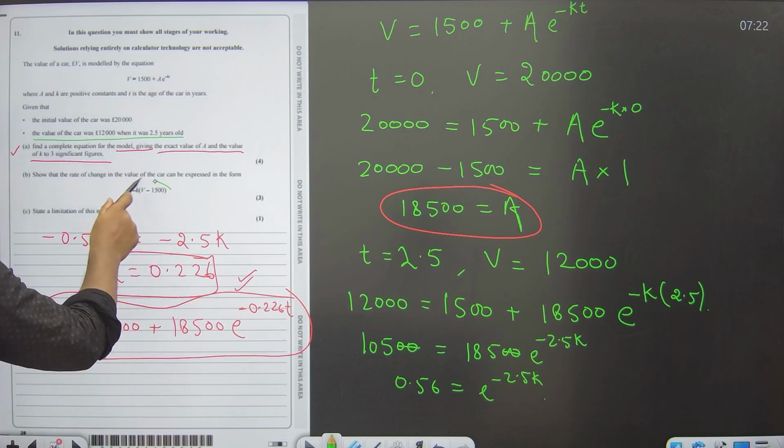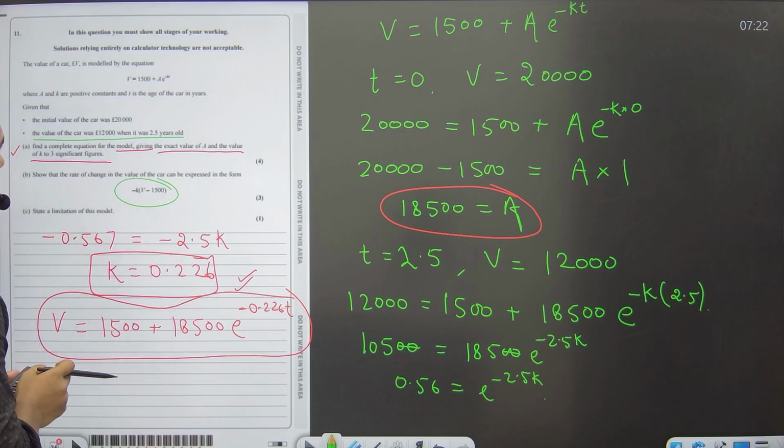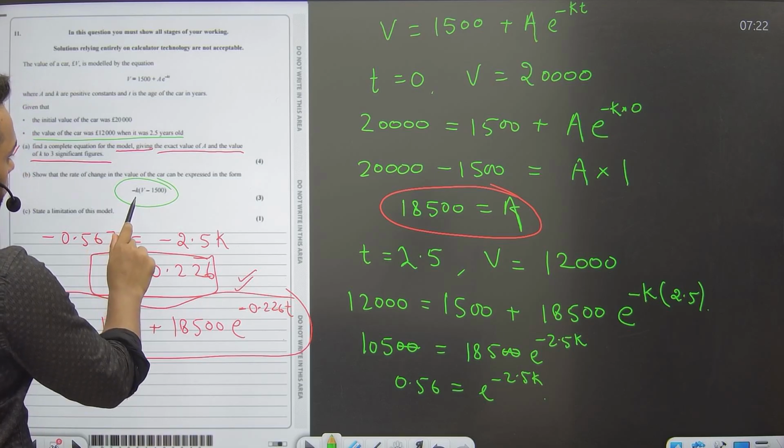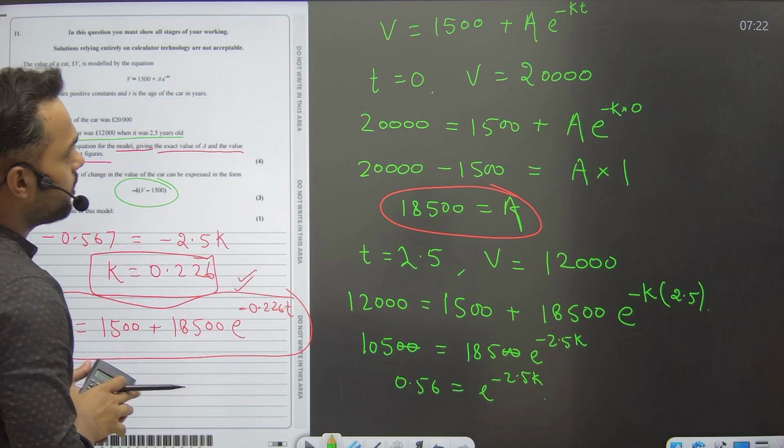Now in the question they have told that dv by dt can be expressed in the format of negative k times v minus 1500.